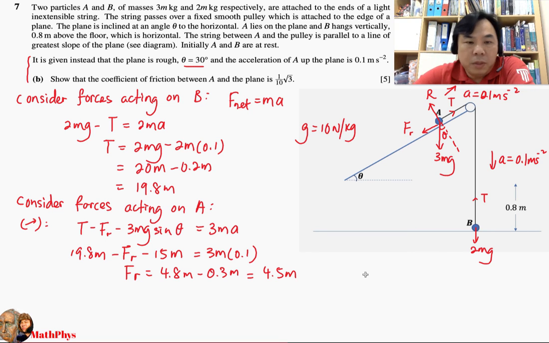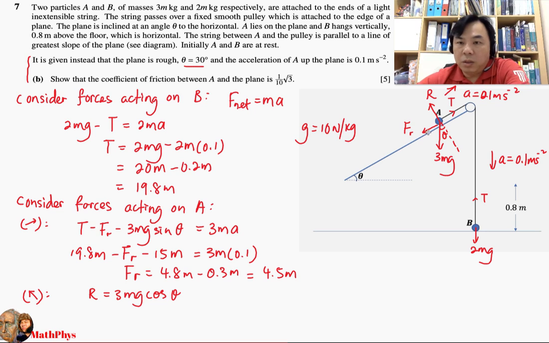And then at the same time, other than resolving along the slope, we are going to resolve it perpendicular to the slope. So perpendicular to the slope, we know that R must be the same as 3mg cosine theta, because the object does not elevate or sink, so it just stays at the same vertical position.